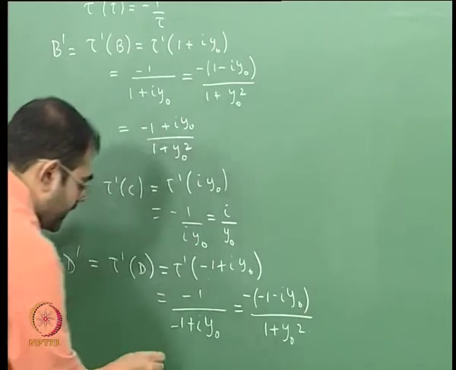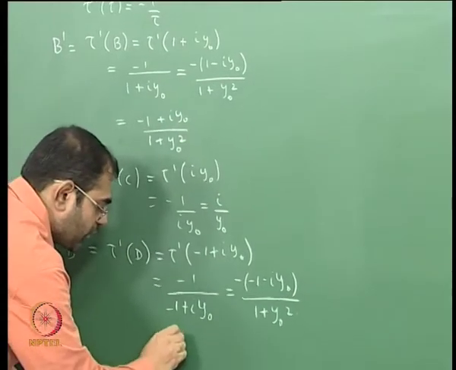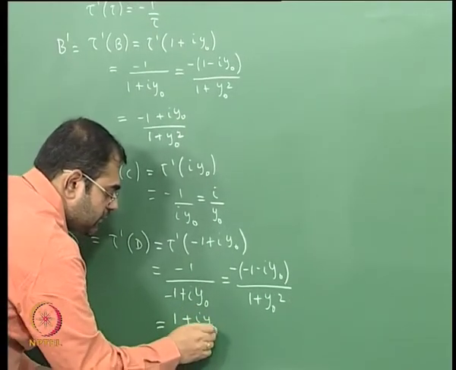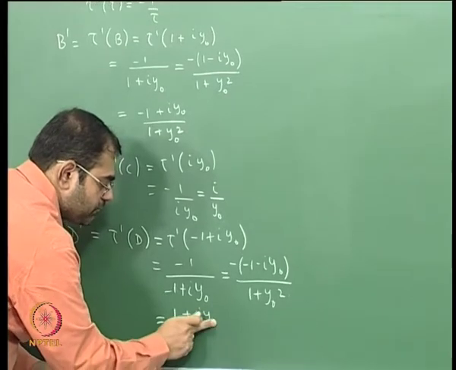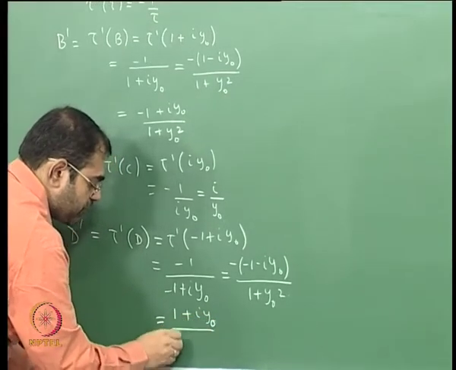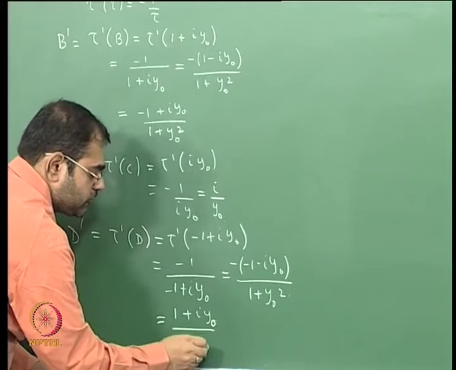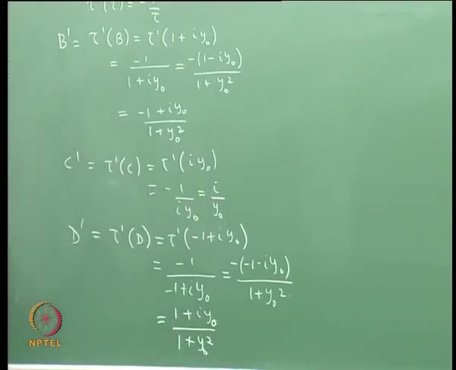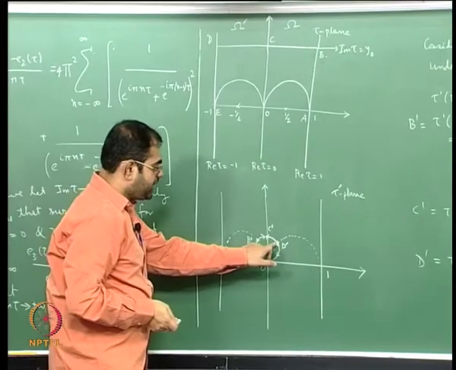So I'm going to get 1 plus I y naught by 1 plus y naught squared. Okay, so that is this point D prime.